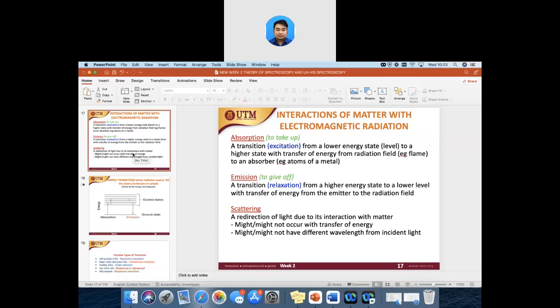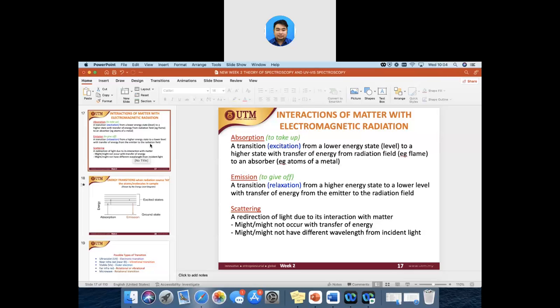There are a bunch of formulas for you to explain electromagnetic radiation, the wave and particle behavior, what wavelength is, what frequency is, what energy is, what the Planck constant is. So everything has been explained. Now we are going to look at the types of interactions of matter with electromagnetic radiation.